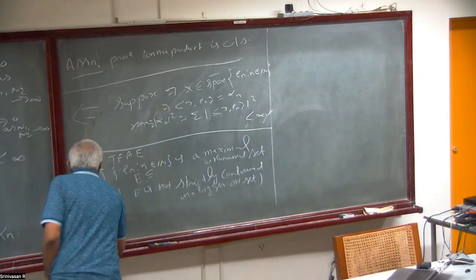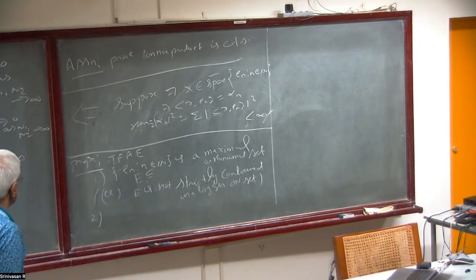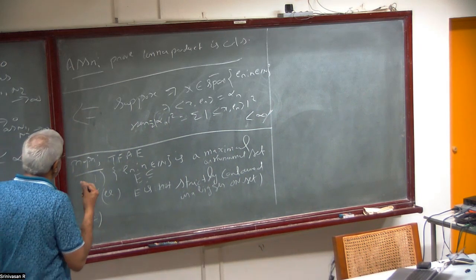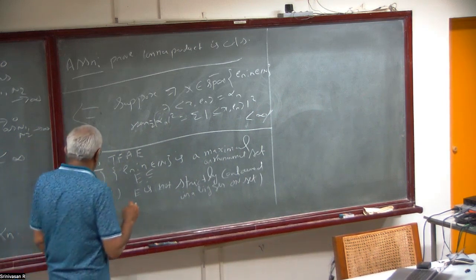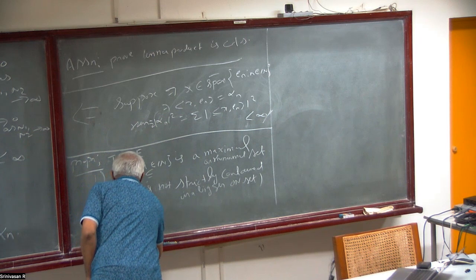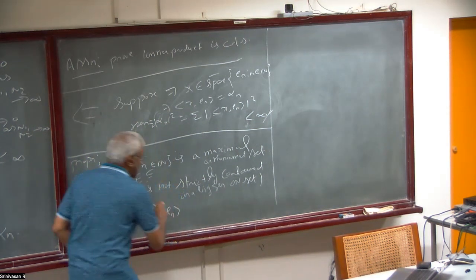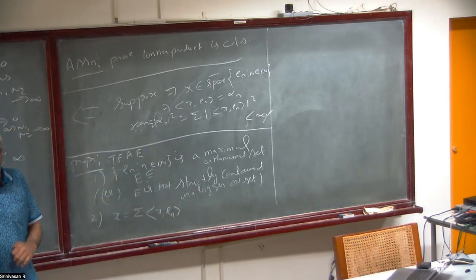Okay. 2, every element in the Hilbert space H can be expanded by this: x equal to summation of x, En times En. You take the inner product, you take that component. It's like if you have an x in R^n, you take the x component, y component, and add them up.